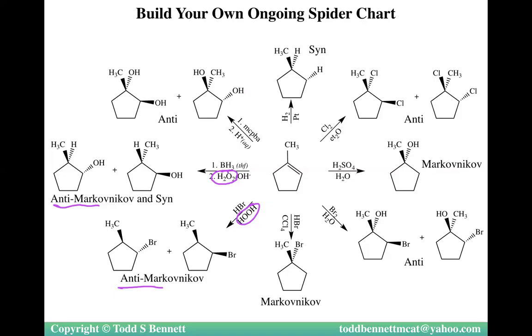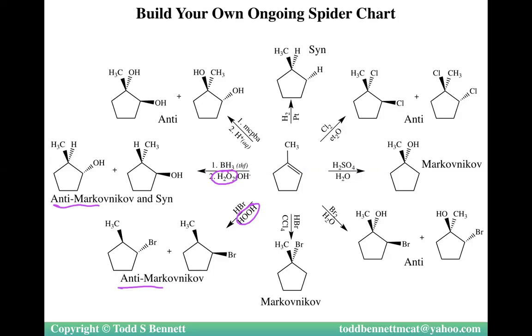So that one doesn't quite apply. But peroxide should give you a hint that it's anti-Markovnikov. And then ring formation, ring formation, ring formation for the Br2, the Cl2 is the Br2 substitute. So ring formation, ring formation, ring formation, you get the two stereoisomers. So if you're getting anti, you're probably getting it through a ring-formed intermediate.